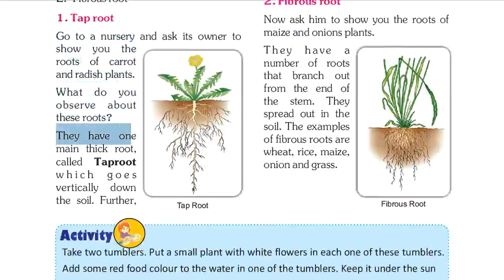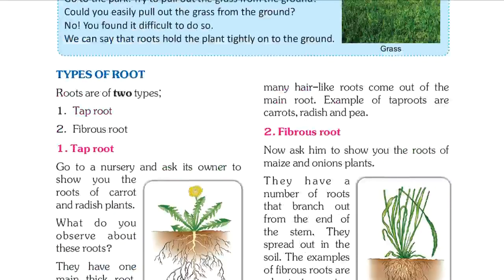They have one main thick root called taproot, which goes vertically down the soil. Further, many hair-like roots come out of the main root. Examples of taproots are carrot, radish and pea.